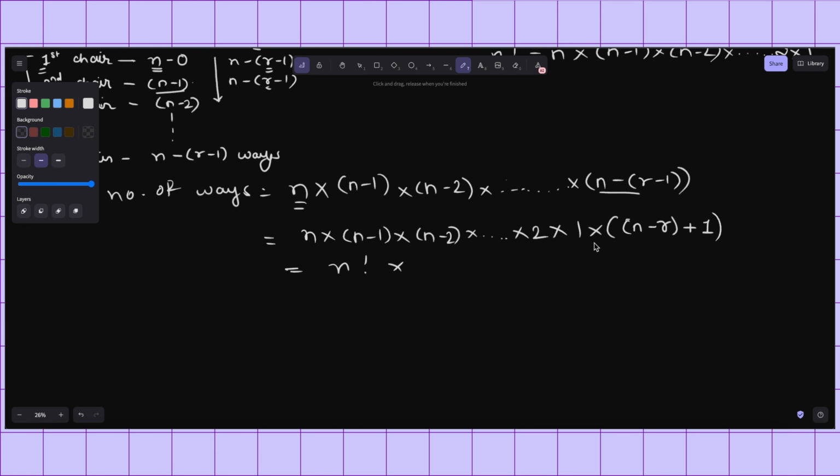What will the previous value be? See, this is 1, this is 2, this is n minus 2, and this is n minus 1, so the numbers are increasing. The previous value is basically n minus r.